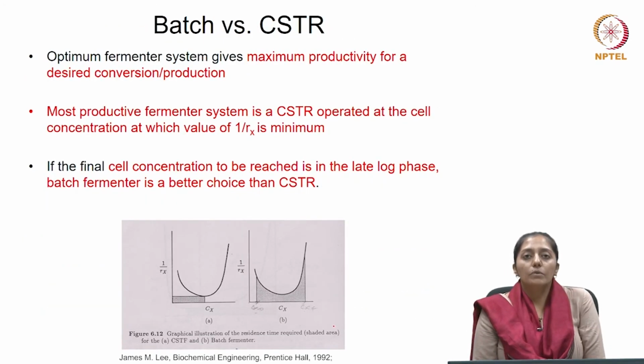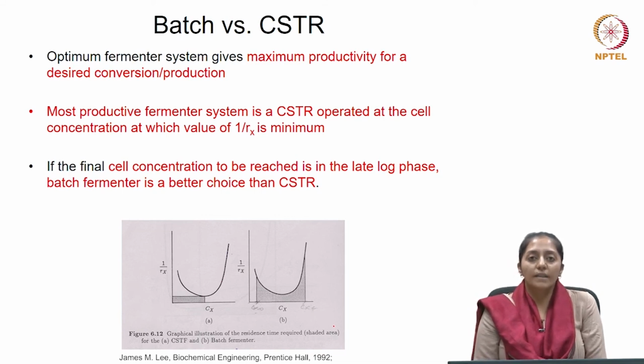Again, if we want to compare batch versus continuous reactors, we need to decide the optimum fermenter system giving the maximum productivity for the desired conversion or production. So, if we want to choose an optimum fermenter system which can give maximum productivity for a desired conversion or production, conversion here meaning the substrate conversion, then how do we determine?